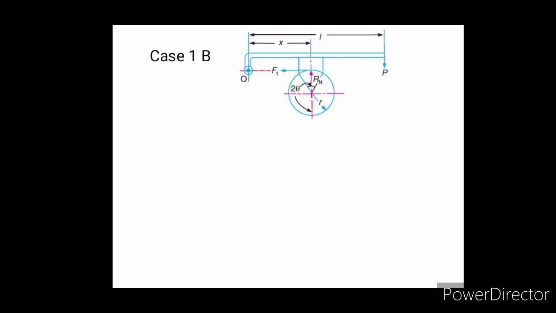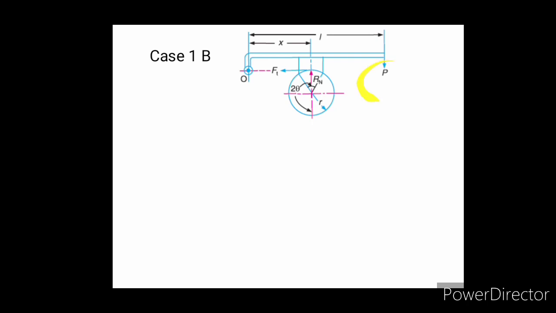So on the block it will be in anti-clockwise direction, and we have to see the forces acting on the block. So on the block the frictional force will be in the left direction, and the line of action of this Ft is going through the fulcrum O. So for case 1, fulcrum and line of action of the tangential force are on the same line, right?